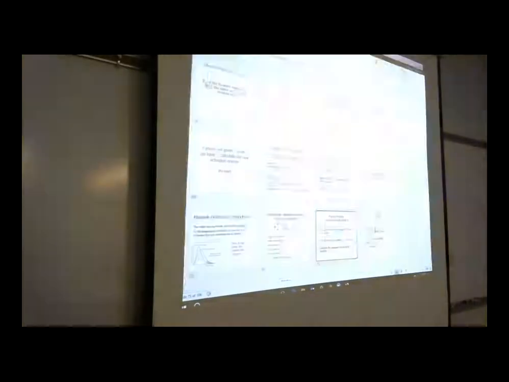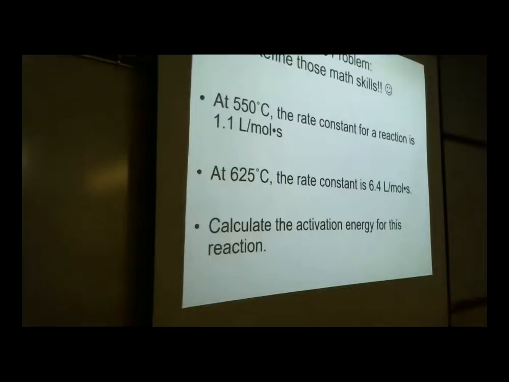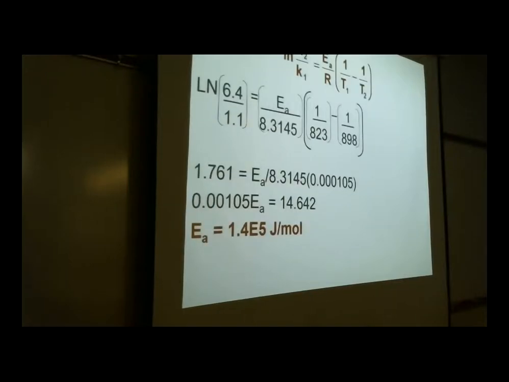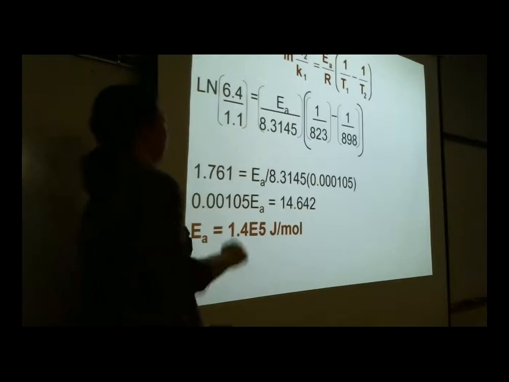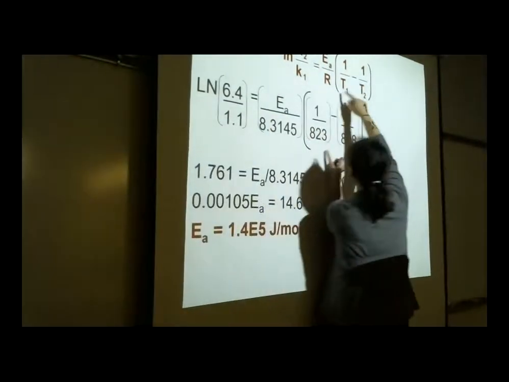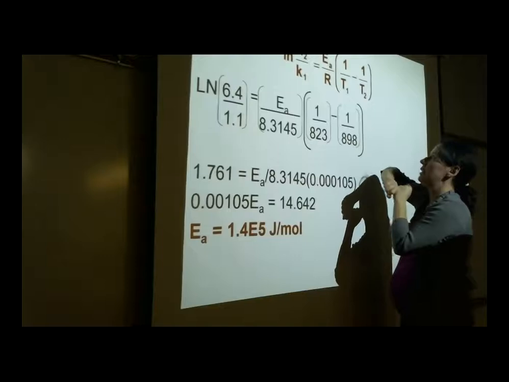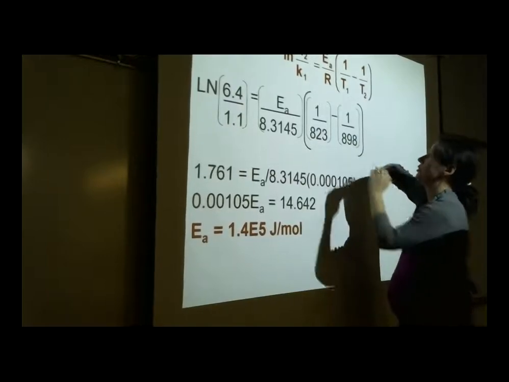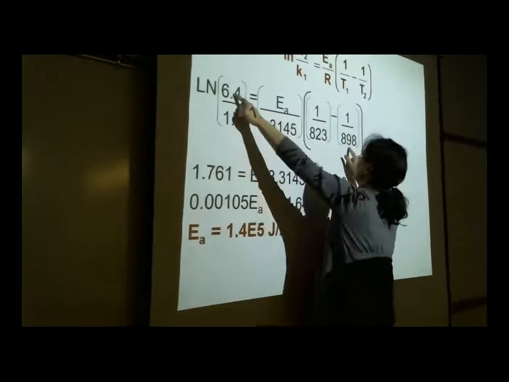All right, let's go over this one. So we are calculating activation energy. If we've got two temperatures and two values of the rate constant, what's the activation energy? Now again, don't forget temperature needs to be Kelvin, and the T1 and the K1 need to go together. So these two are a pair and these two are a pair.